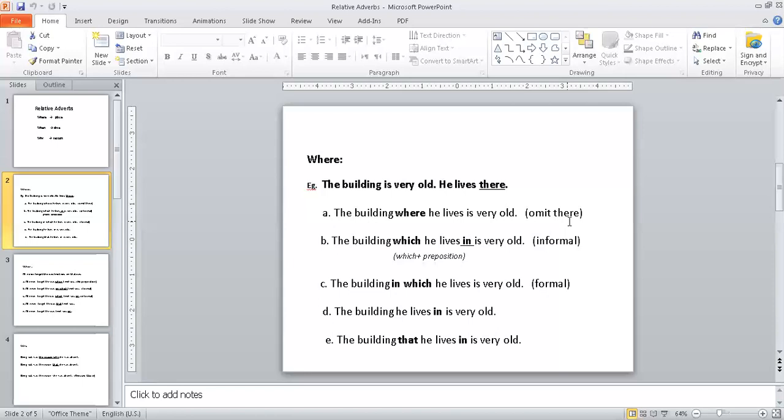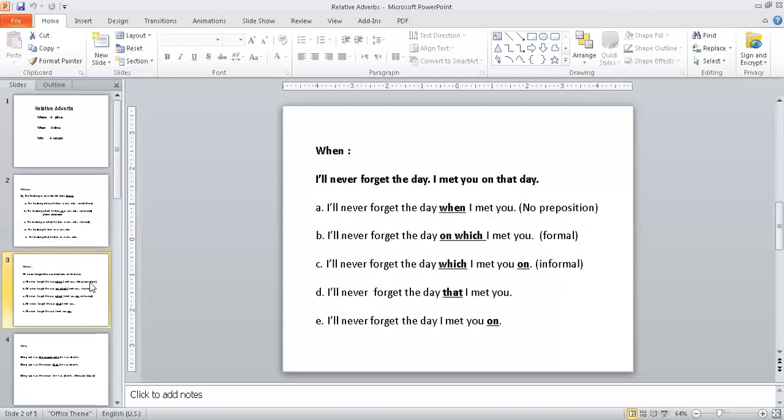Let's move now into another adverb, which is when. When is used in an adjective clause to modify a noun of time, like year, day, time, century, and so on.